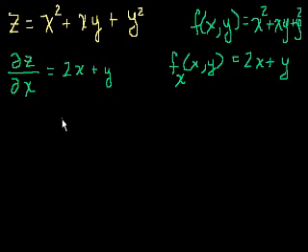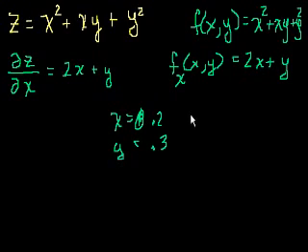Now, what does this mean? Well, what is the slope of z with respect to x when x is equal to, let's pick smaller numbers, 0.2 and y is equal to 0.3? Well, we could use this.